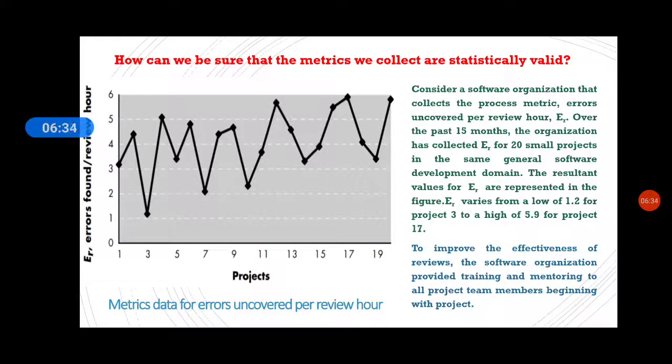Over the past 15 months, the organization has collected these errors for 20 small projects in the same general software development domain. The resultant values for these errors are represented in the figure. ER varies from a low value of 1.2 for project 3 to a high value of 5.9 for project 17.